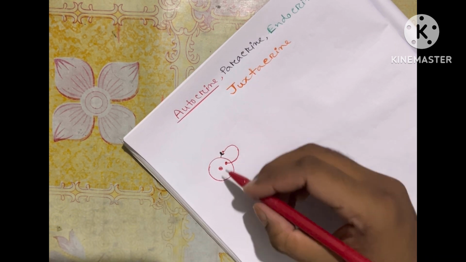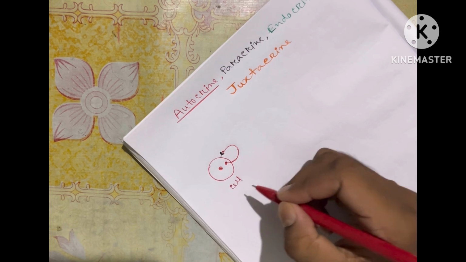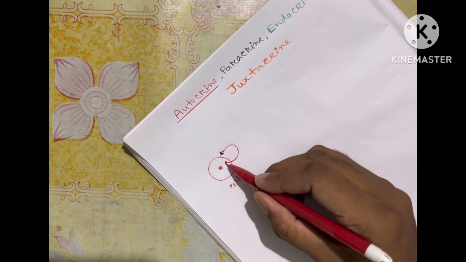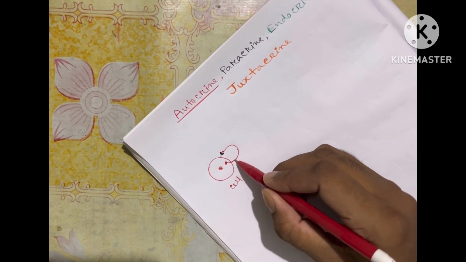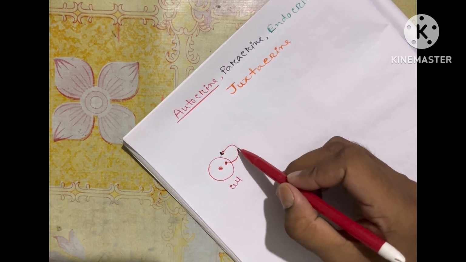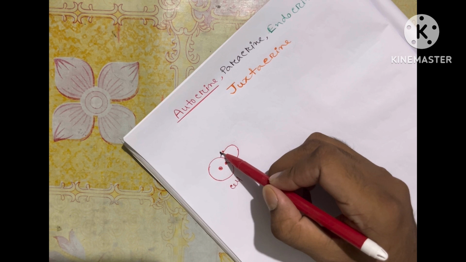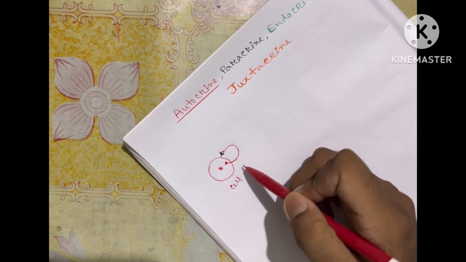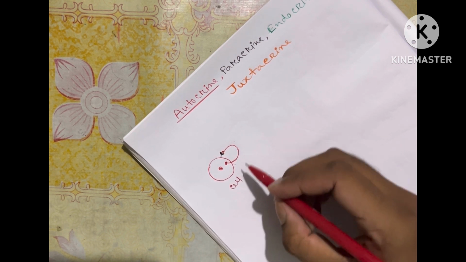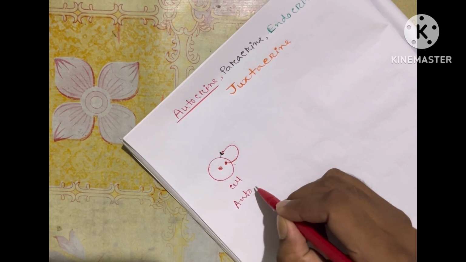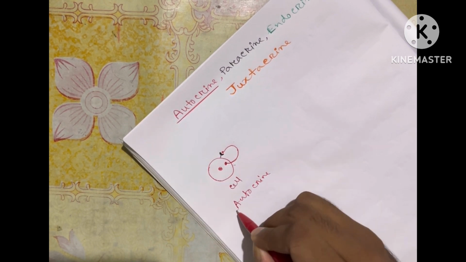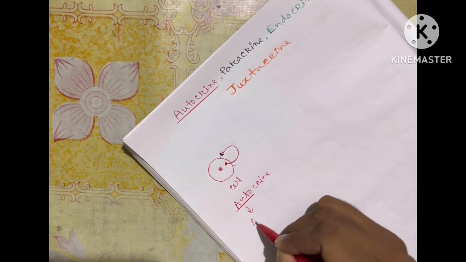So this is a cell. When this particular cell ejects one particular signaling molecule, and this signaling molecule comes out and binds upon its own cell surface receptors, then we'll call it autocrine. Auto means self.